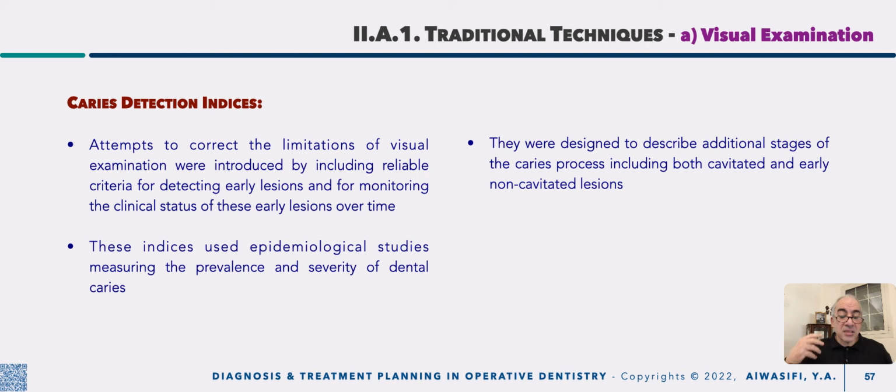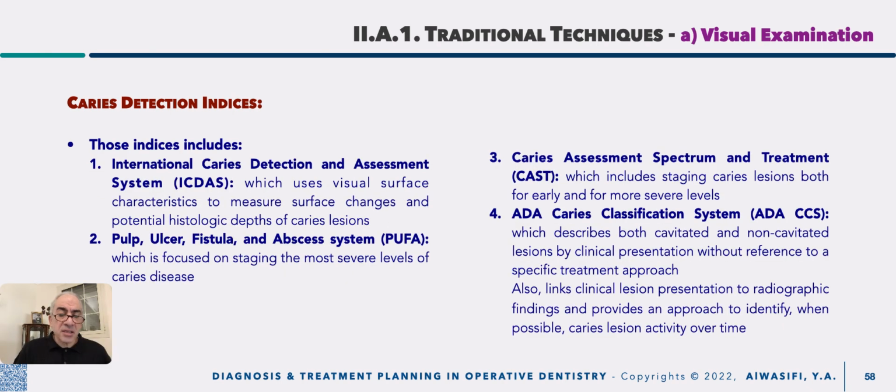That's why these indices were designed to describe additional stages of the caries process, including both cavitated and early non-cavitated lesions. Those caries detection indices will be discussed in the next episodes in full detail, including ICDAS, the International Caries Detection and Assessment System, which uses visual surface characteristics to measure surface changes and potential histological depths of the caries lesion.